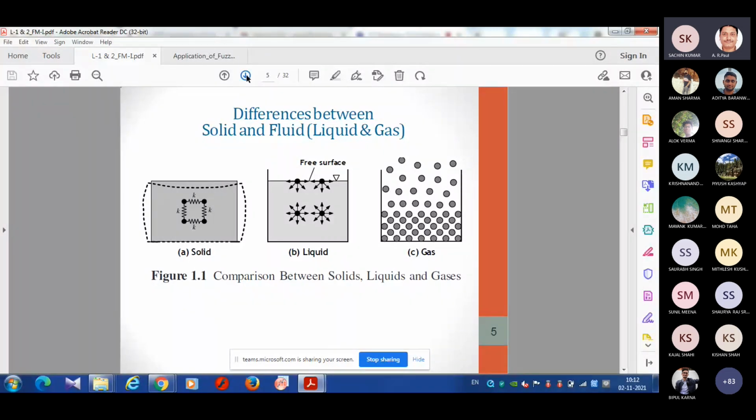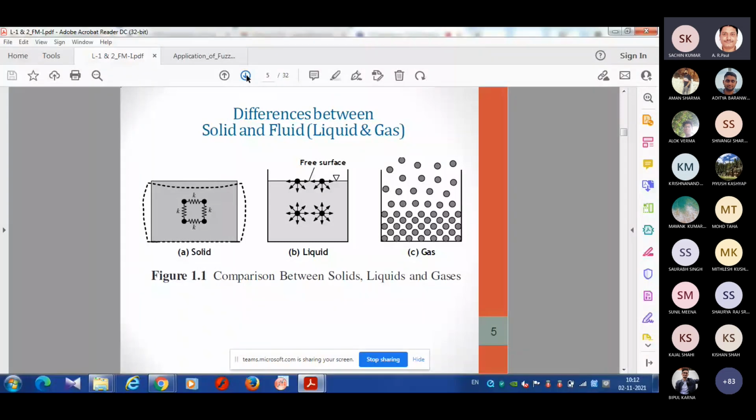A solid, as you see, is shown as a spring network. It means that it possesses elastic property, with closely knit molecules. It can deform, but when you withdraw the forces, the deformation will disappear and it will regain its shape and size. But this doesn't happen with fluid.